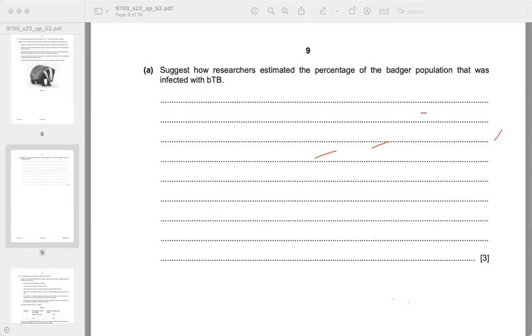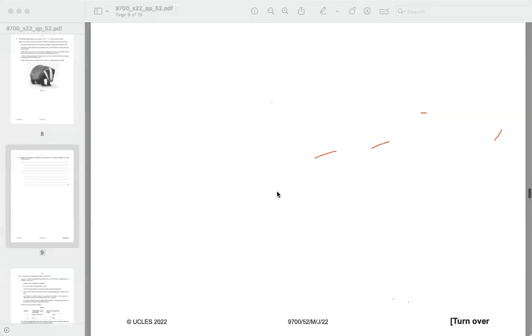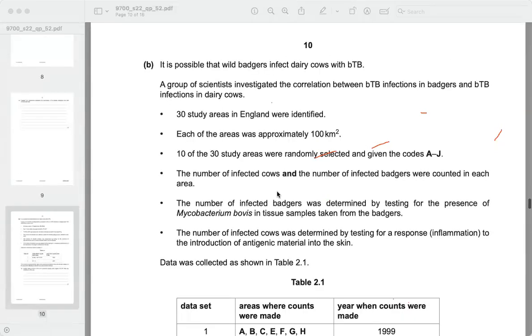As we move to the next question, we have the A part here and it doesn't have any subparts. So the next part is going to be the B part. Is it possible that the wild badgers infect the dairy cows with BTB?